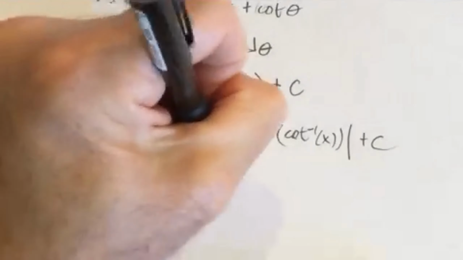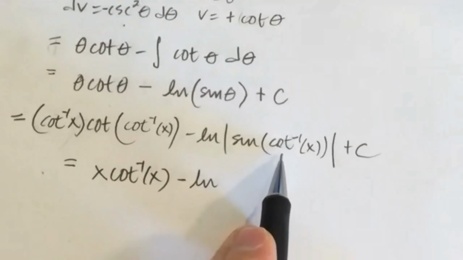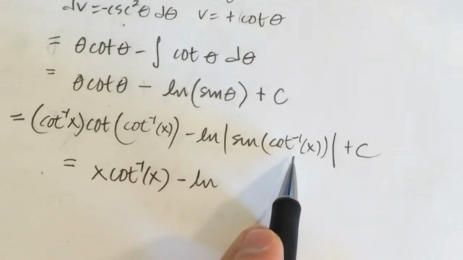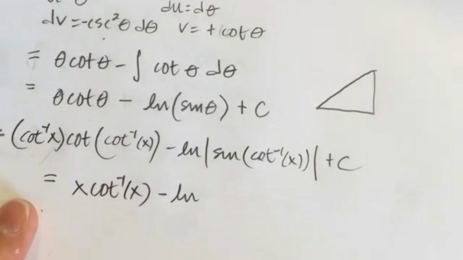And then it begs the question, what is the sine of the inverse cotangent? For me, I always draw the triangle for this. So this says I need an angle whose cotangent is x. So put the triangle over here. Cotangent is the adjacent over the opposite, because it's 1 over the tangent. So this is x and this is 1.